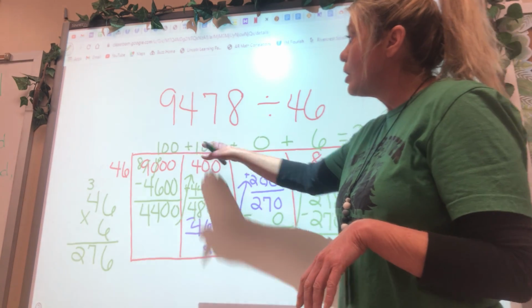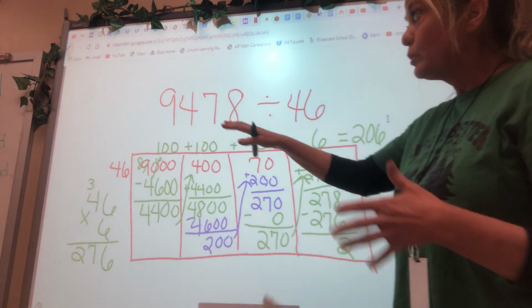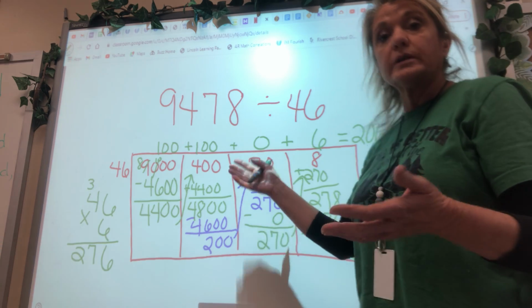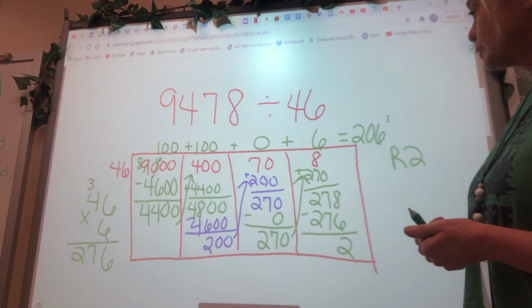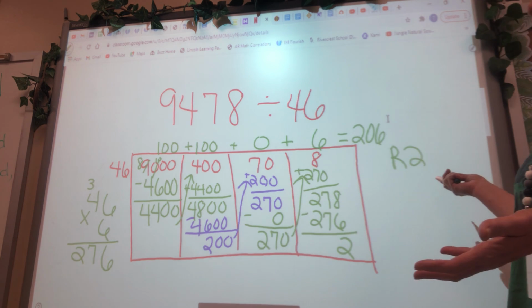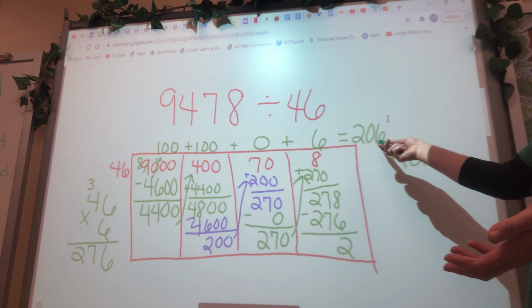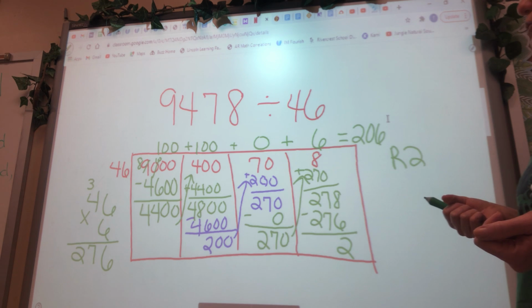So you can go 100 or even 200, 300, as long as you're more comfortable working with those higher multiples of 10. You still get the same answer. It will go 206 whole times with the remainder of 2.